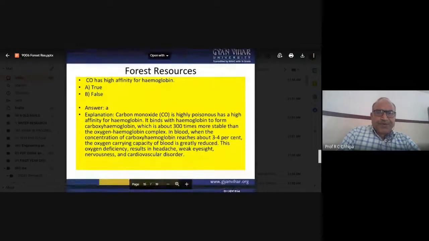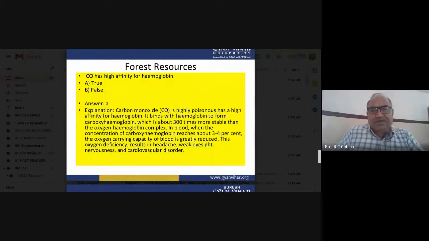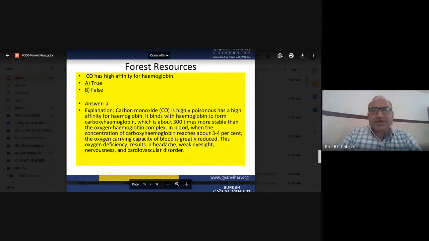Now, one more: carbon monoxide. This one is the most important concern in the forest resource. Carbon dioxide is consumed by the plants, and production occurs, and food is produced.